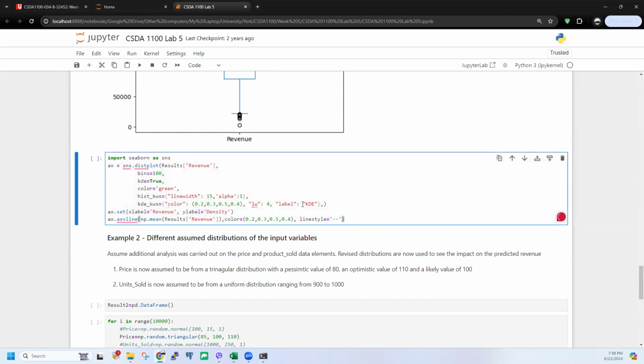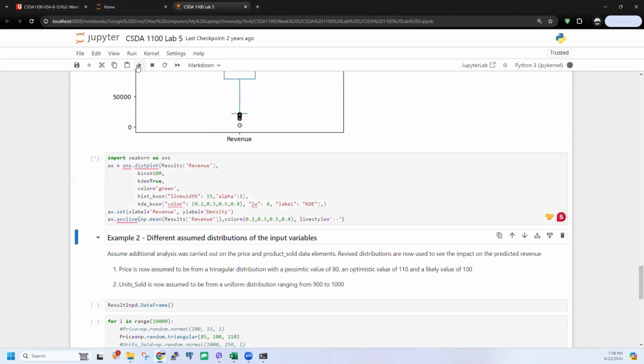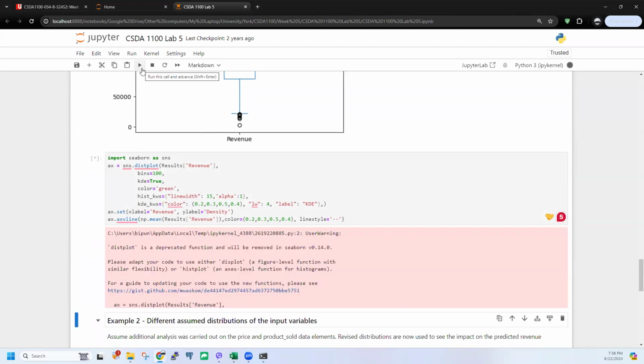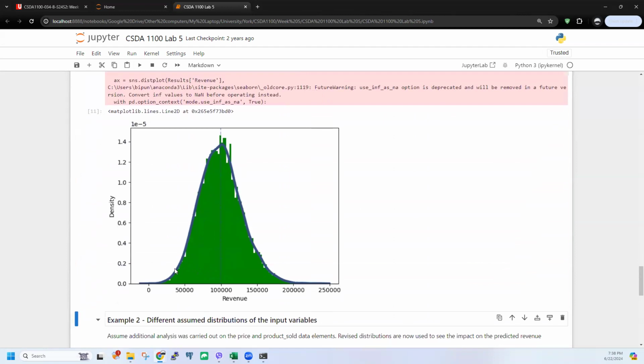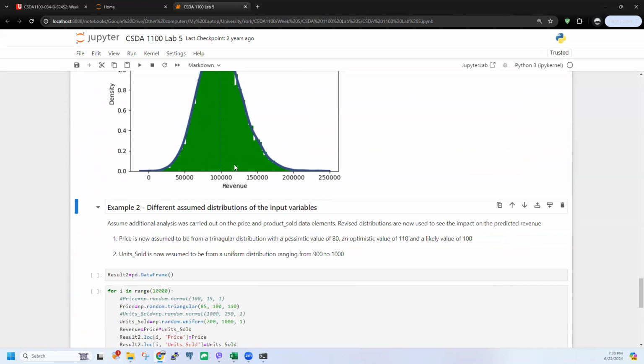And you can also look at the frequency distribution, sorry, probability distribution here. And it's going to run, and it looks like most of the stuff is going to be here with the area under the curve. I don't know why it is showing up. Everything should be under.